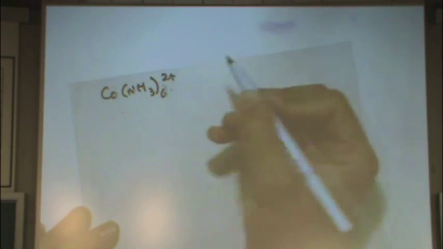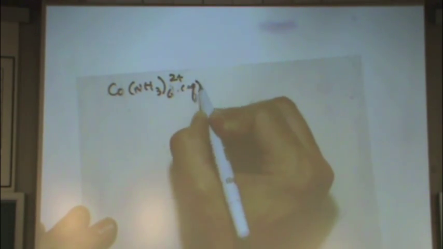Let's say we had cobalt hexaammine cobalt 2, so this complex here, aqueous.